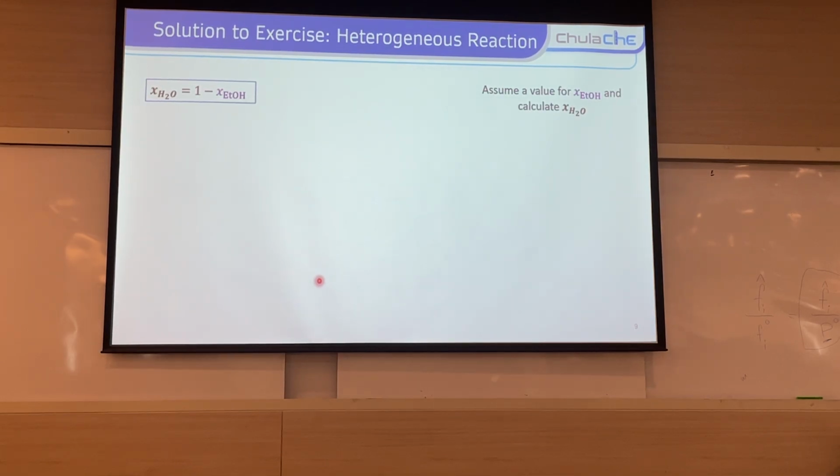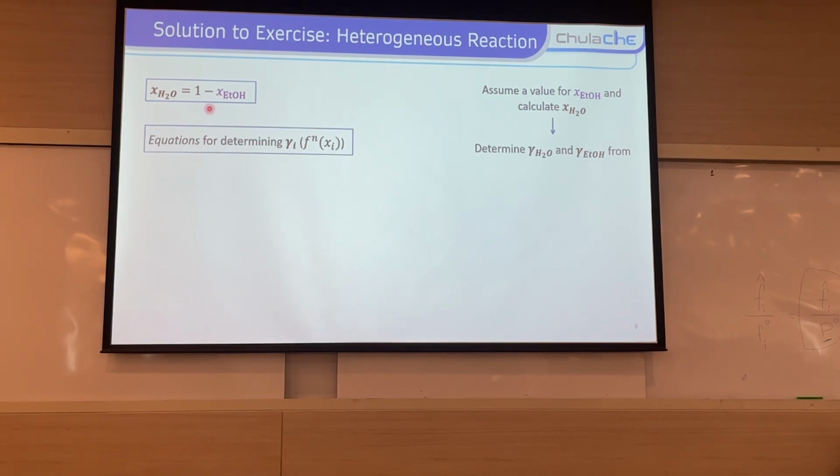But how to do that? The first step is you have to assume the mole fraction of ethanol first to calculate the mole fraction of water. So you assume the initial guess value for the mole fraction of ethanol first. Then from this equation you can calculate the mole fraction of water, just 1 minus.